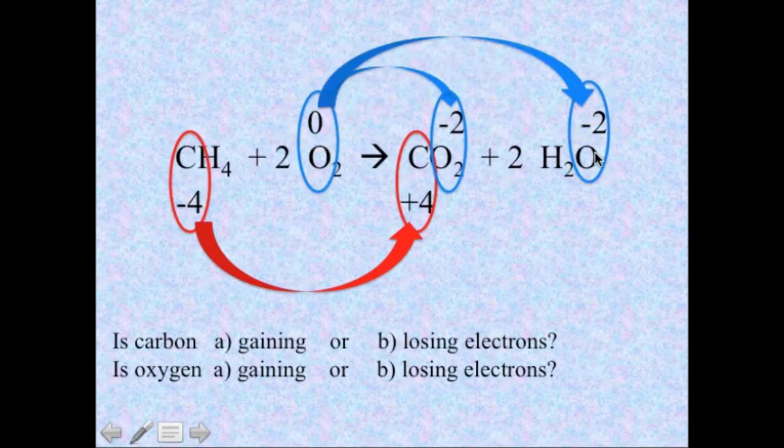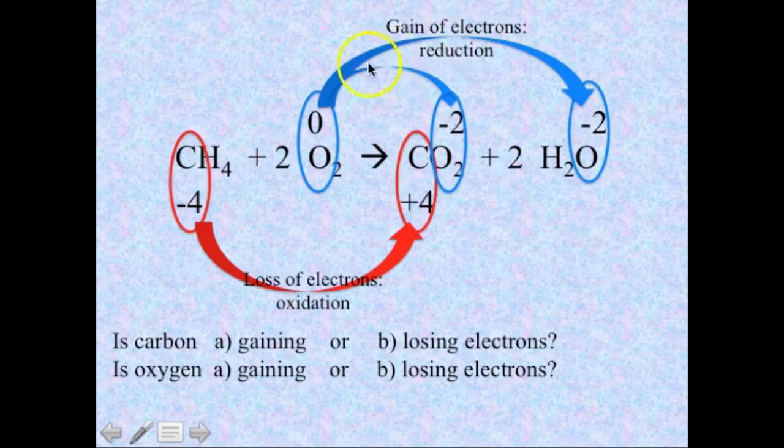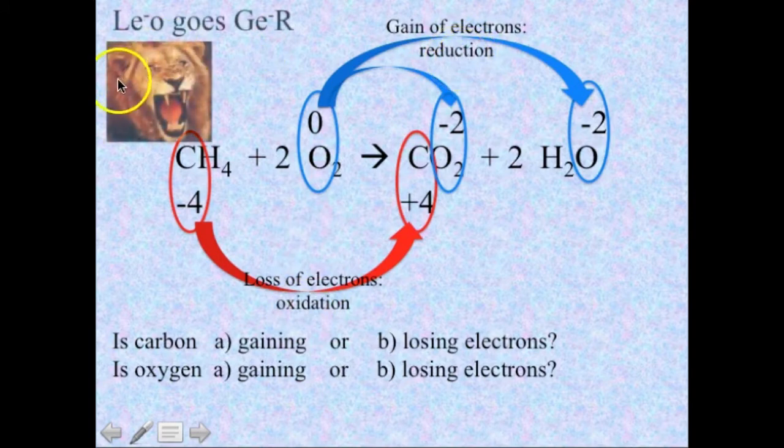It's becoming more negative. Now, the process of losing electrons, the loss of electrons, is called oxidation. And the process of gaining electrons, we call that reduction. A loss of electrons is oxidation, a gain of electrons is reduction. There's a mnemonic that people use.